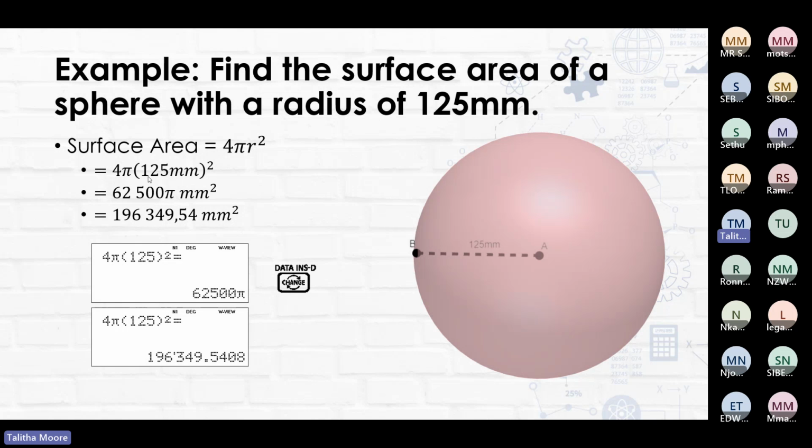So it's 4 pi times 125 millimeters squared. And that broken down gives us 196,349.54 millimeters squared. And you can see I've done it here on the calculator. And you can see I've rounded off as well.